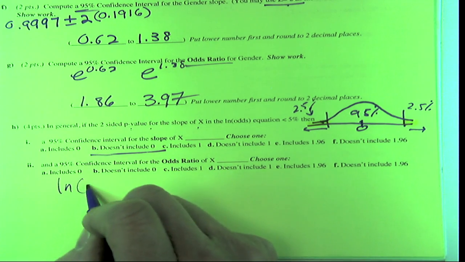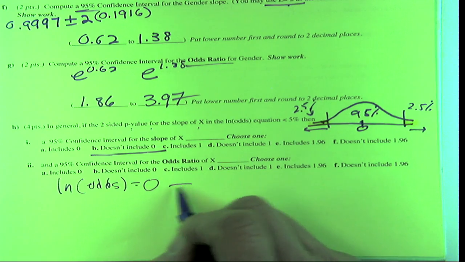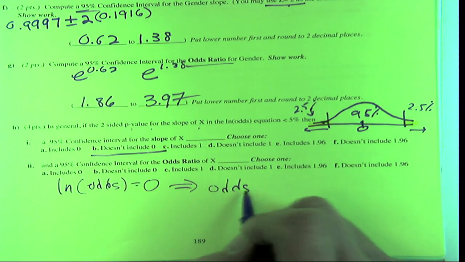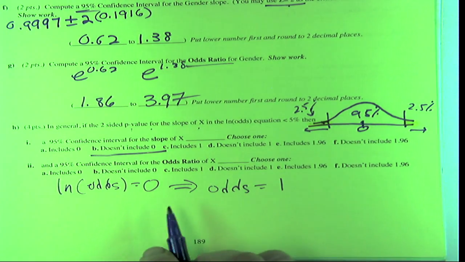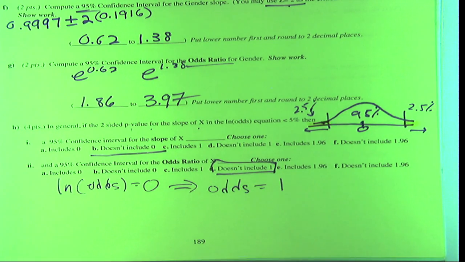Well, log odds equal to 0 means the odds are equal to 1. So that means that it does not include 1. It's the same thing. You're not favoring one; an increase in x gives just equal odds, like 50-50 probability. Those are all the same thing as log odds of 0.